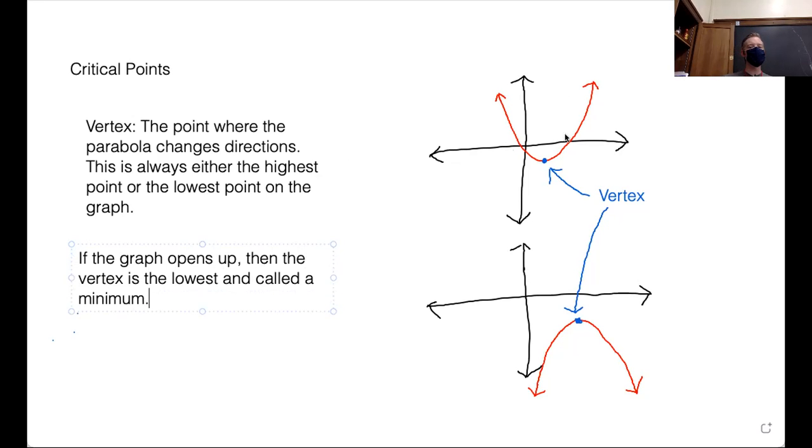So in this first situation right here, we see that the red graph, the red parabola, both of these arrows are pointing up. Therefore, the vertex is down here at the bottom, and we would call that a minimum. That means the smallest possible value.